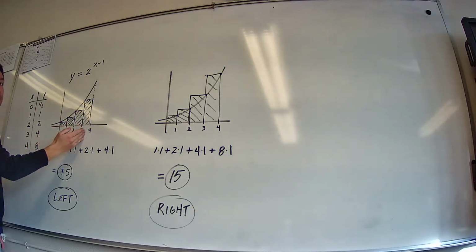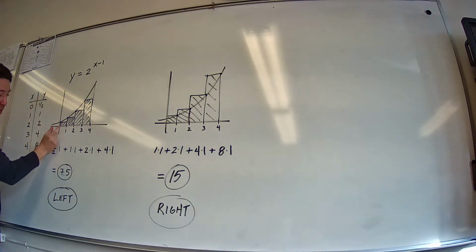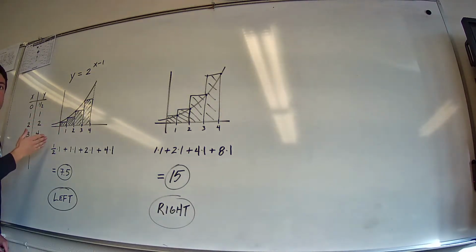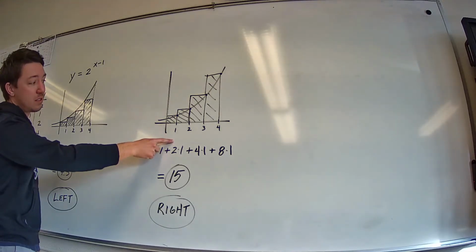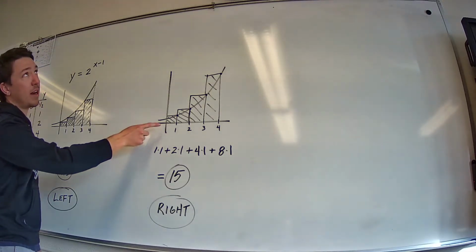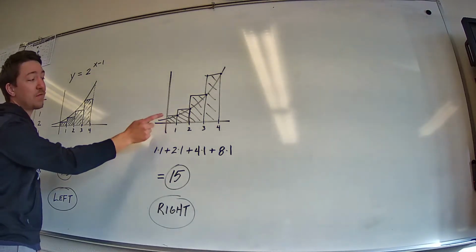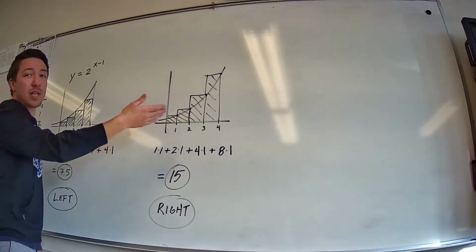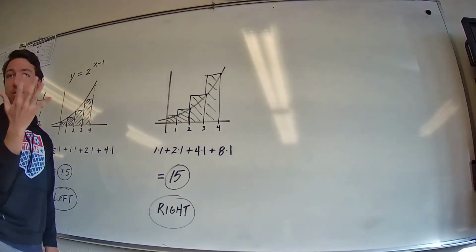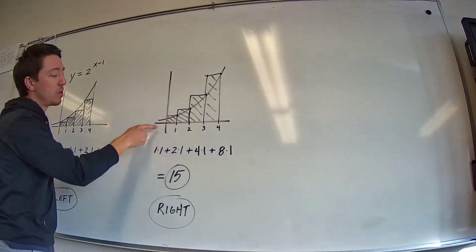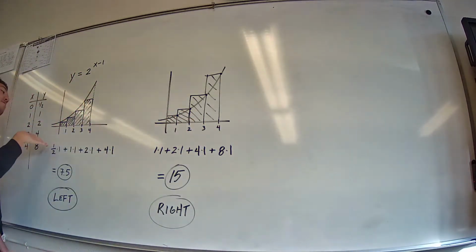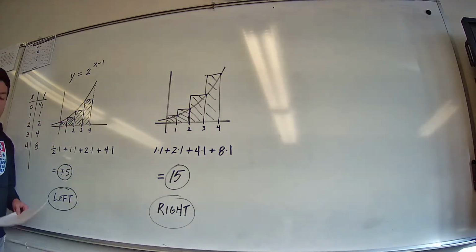Because we did 4 subdivisions, and on each horizontal interval, we used the left side of that interval to get our y value. So notice this one. Which x value didn't we use? Because if you think about it, 4 subdivisions uses 5 x values: 0, 1, 2, 3, 4. On the right-hand Riemann sum, you don't use the 0. On the left-hand Riemann sum, you don't use the 4.